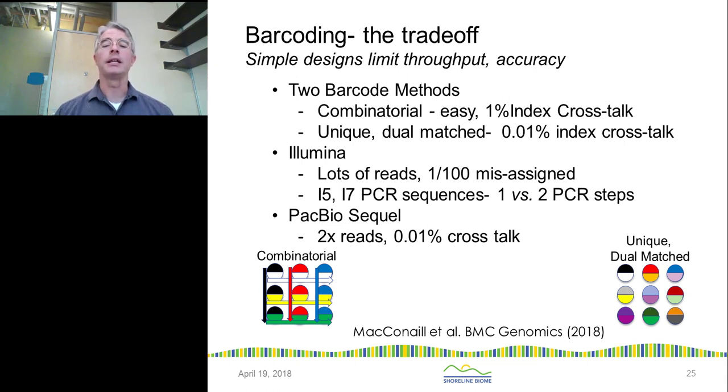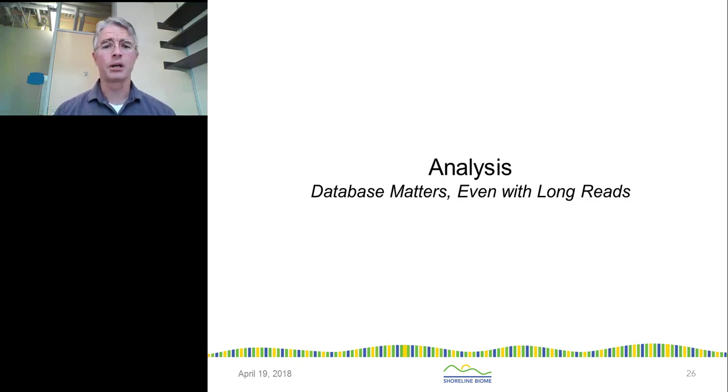So the problem is that the combinatorial is simple and cheap to do, and the unique dual matched is much more expensive and harder. So depending on the degree of accuracy you need for your experiment, you'd want to take on one or the other. So that is barcoding, and then I want to move into analysis.